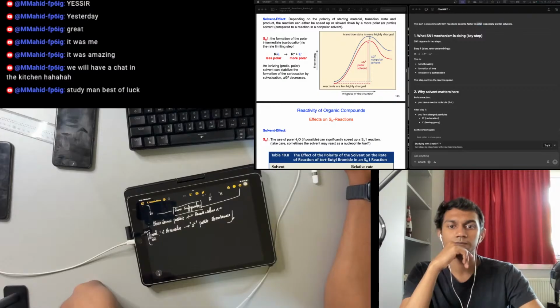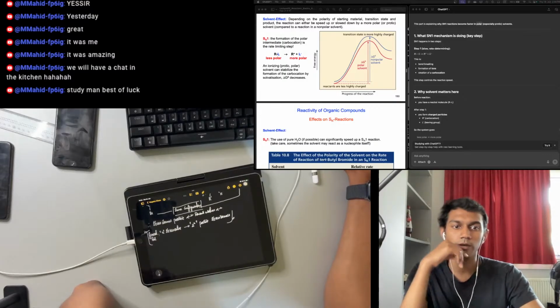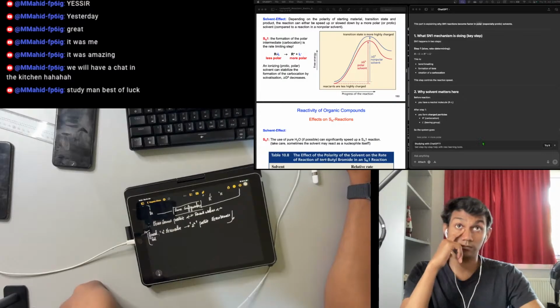And the mouse is just gone. Okay. So you have a neutral molecule.